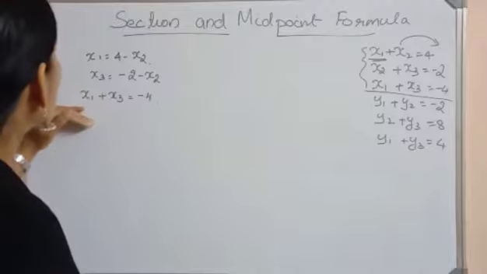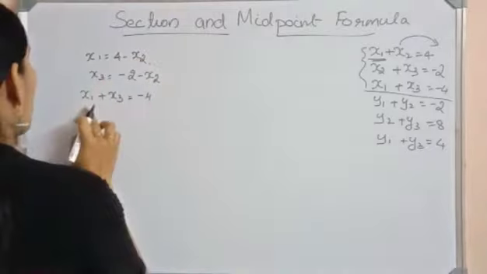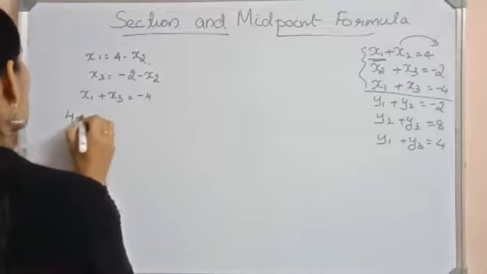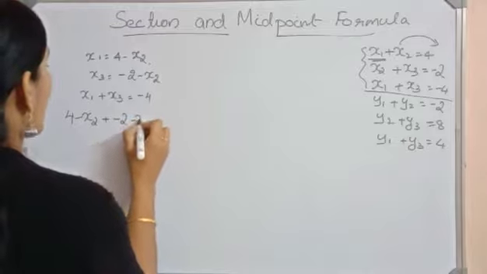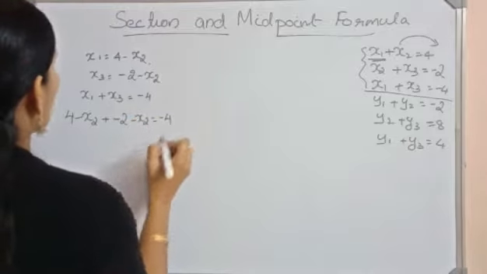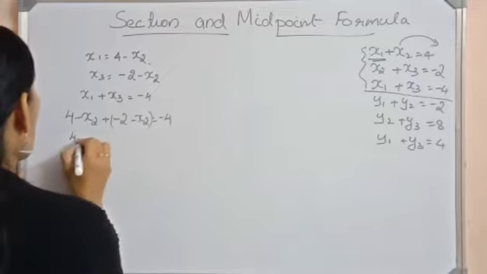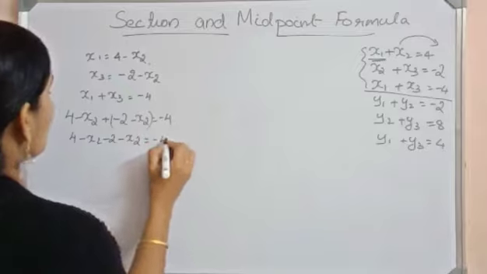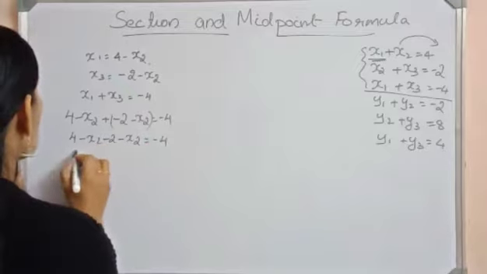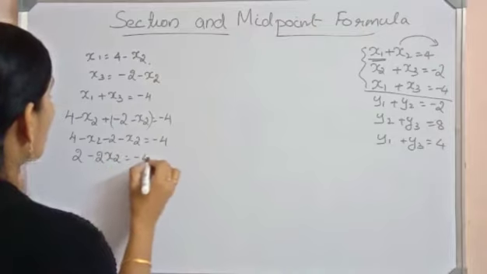Here we need to substitute the values of x1 as well as x3 and simplify. So 4 minus x2 plus x3, which is -2 minus x2, is equal to -4. After simplification, 4 - x2 - 2 - x2 = -4. 4 minus 2 is plus 2, so 2 - 2x2 = -4.